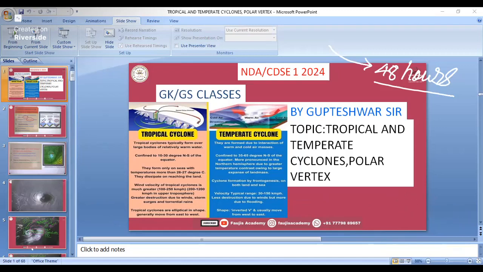And before 48 hours, all those settlements near the coastal area will start shifting towards other places. So orange color is before 24 hours, and that will be within 500 kilometers.